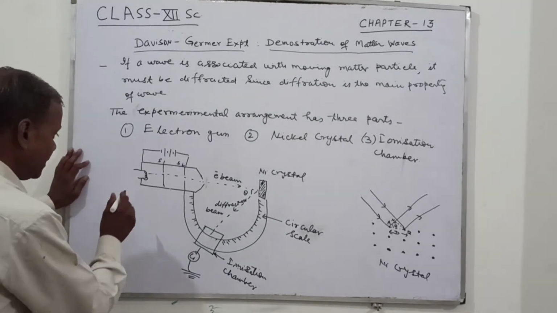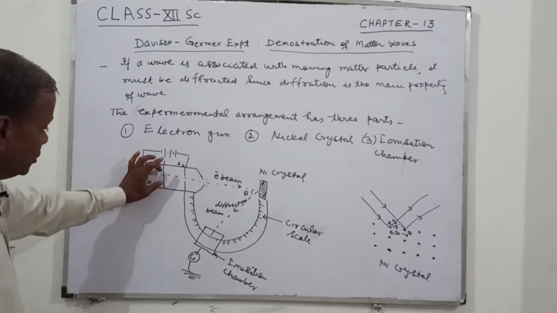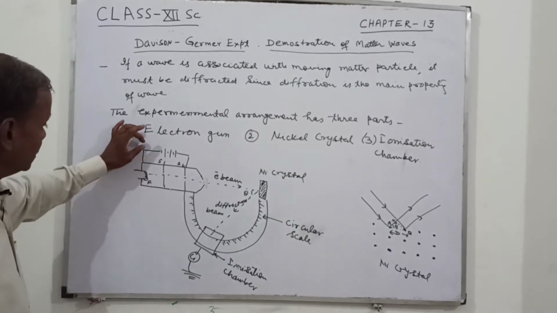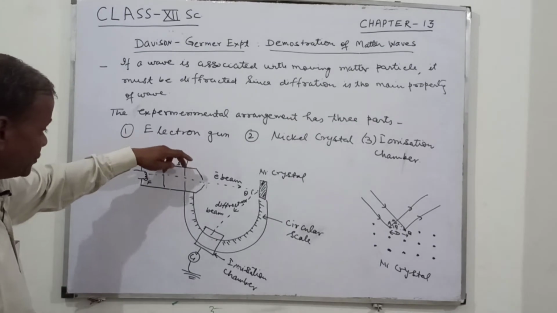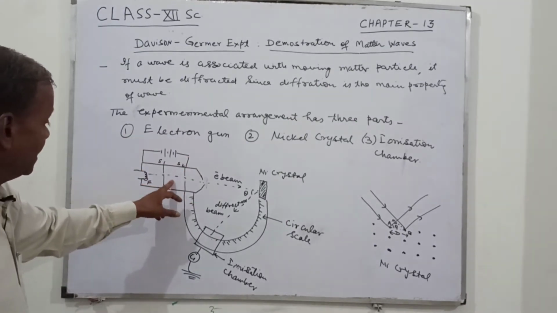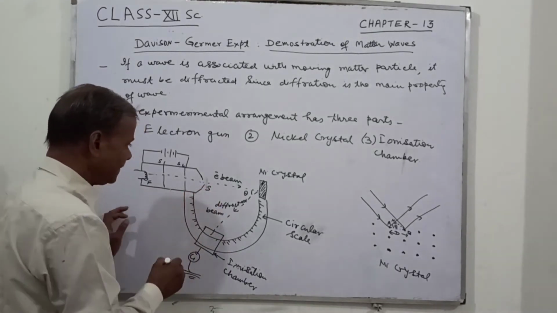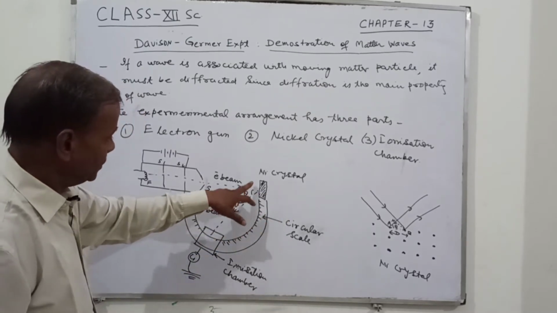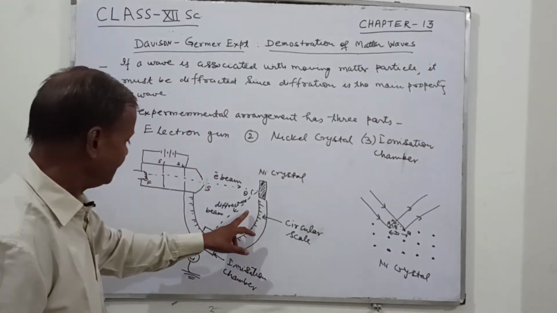This is the filament F, which is heated by passing current through it. These are the two slits which have fine holes in the same direction, and the potential difference is applied between slits S1 and S2. Then the electron beam is accelerated, passes through slit S, and goes directly to the nickel crystal. There it is diffracted by the atoms of the nickel crystal.